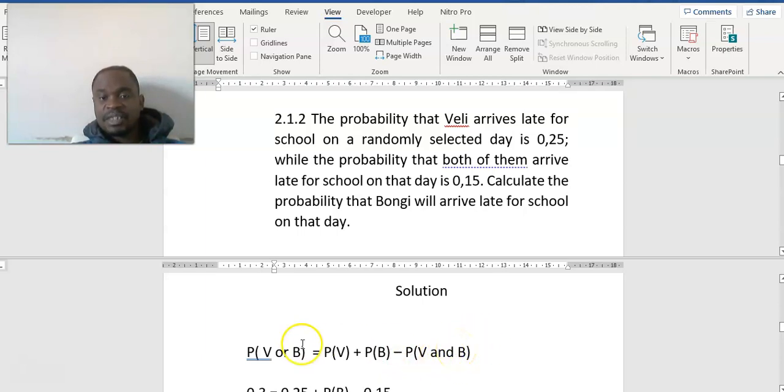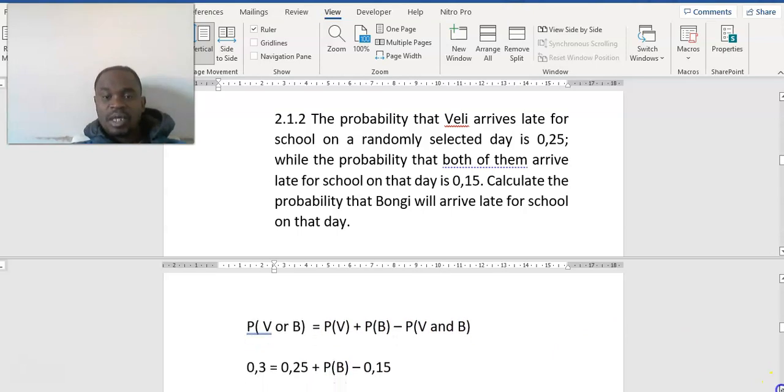That's the meaning. So the probability that at least one of the two boys, Verily and Bongani, will come late equals the probability that Verily comes late, or Bongani comes late, minus the probability that both of them come late. Two sets problem.